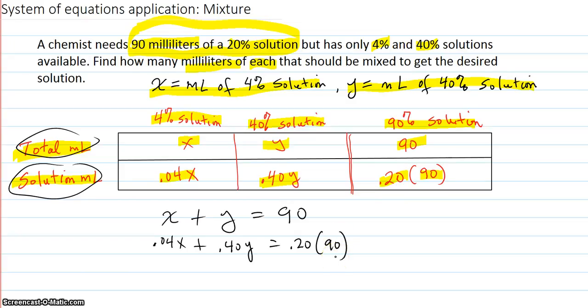So those are your two. You never add the percentages alone. Never add 0.20 plus 0.40 and you're going to come up with 0.6. No, never do that, because you see it doesn't even work out right. Never do that.